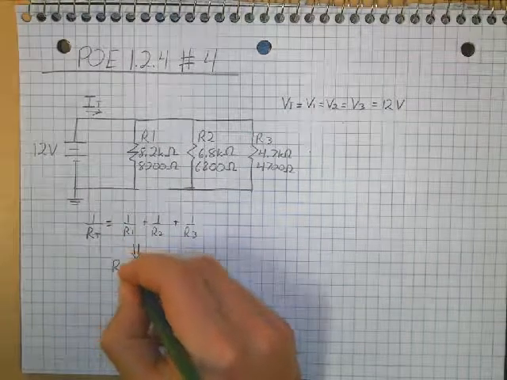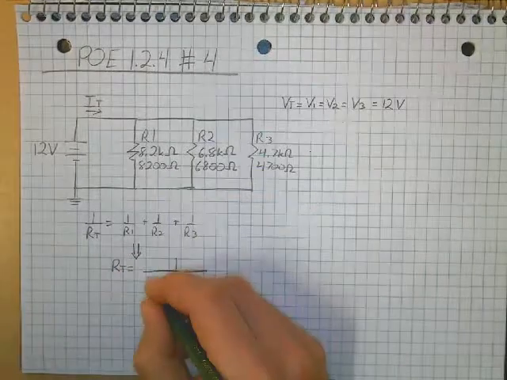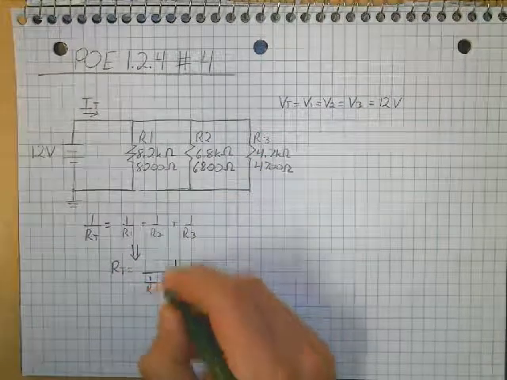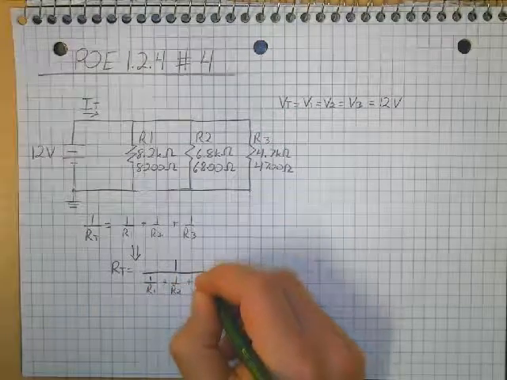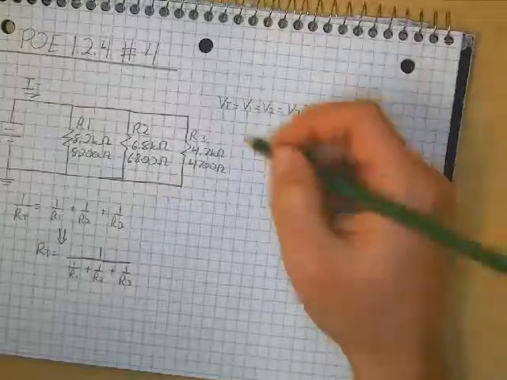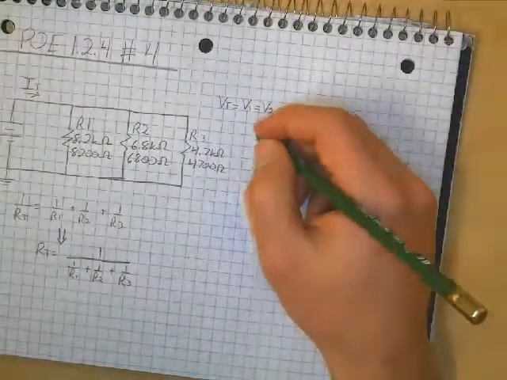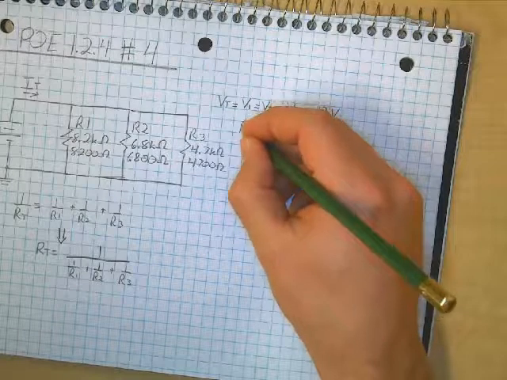RT is equal to 1 over (1/R1 plus 1/R2 plus 1/R3). So, how are we going to do this? We're going to come up here and we're going to break this down by plugging things in very carefully.